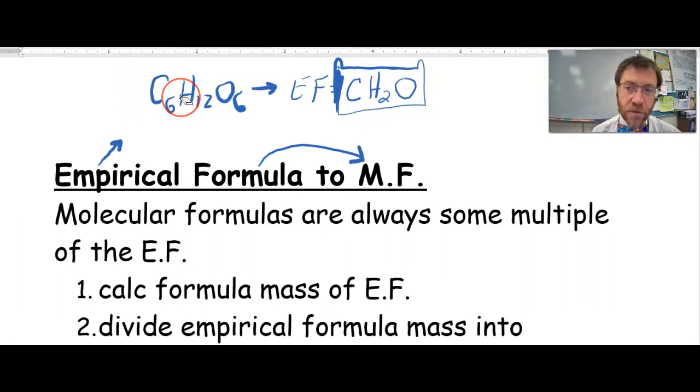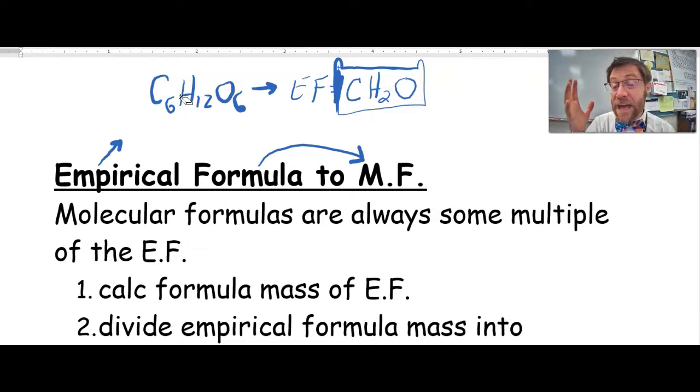Well, here's the real reason: when we discover new compounds, new substances, like new medications and whatnot, the two things that we can figure out in the lab are the molecular mass, like how much the molecule weighs within a range, and we can also measure the empirical formula, using the instrumentation that we have right now.